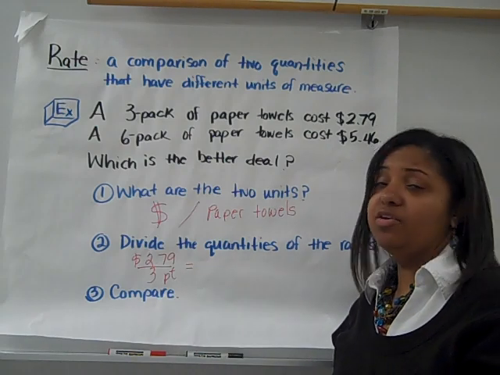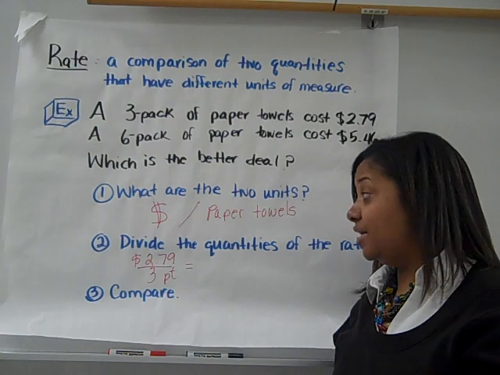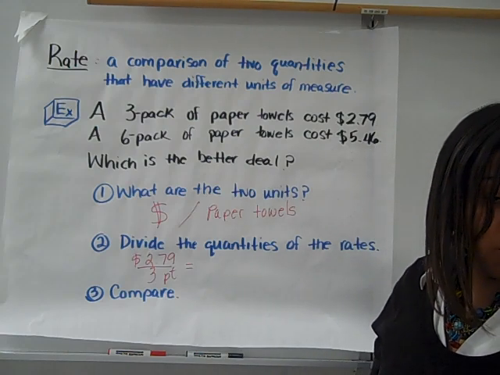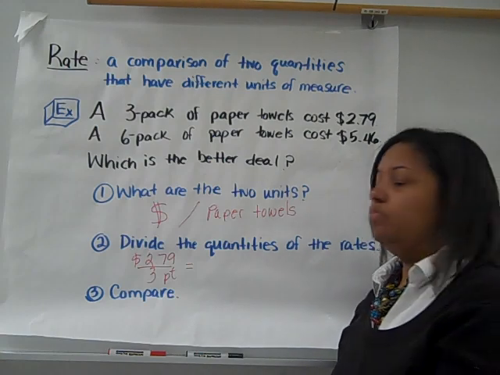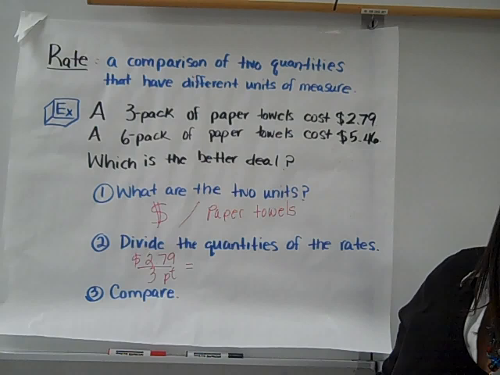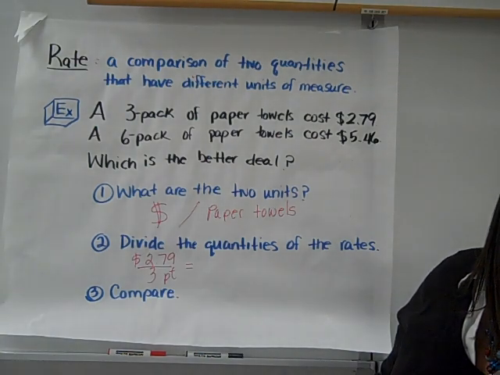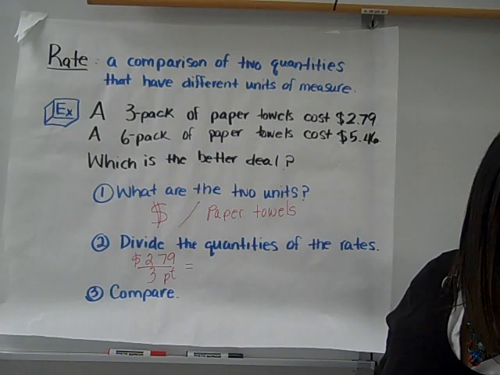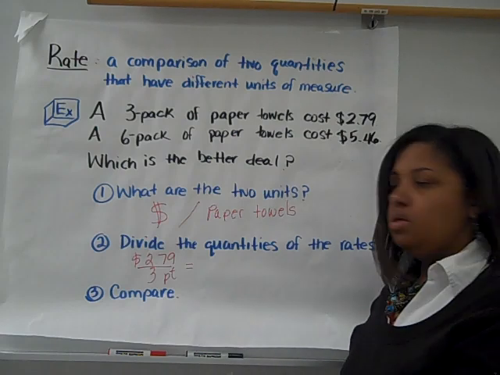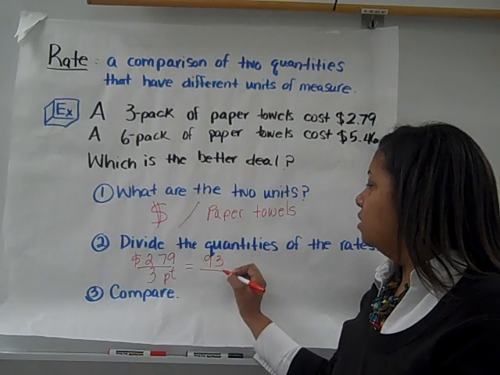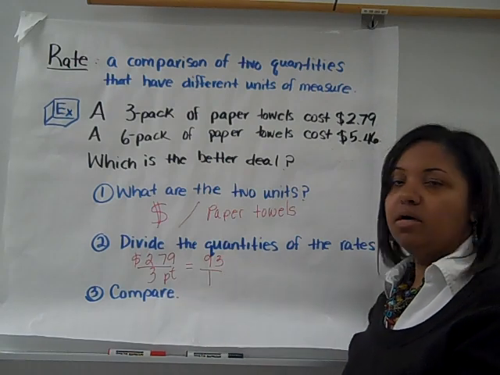Alright, so you can just divide that in your calculator. 2.79 divided by 3. Let me check my math here, and you're going to get 93 cents for one paper towel.